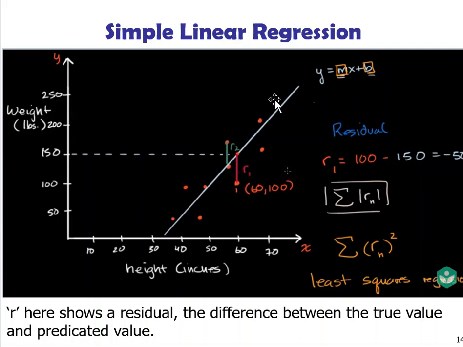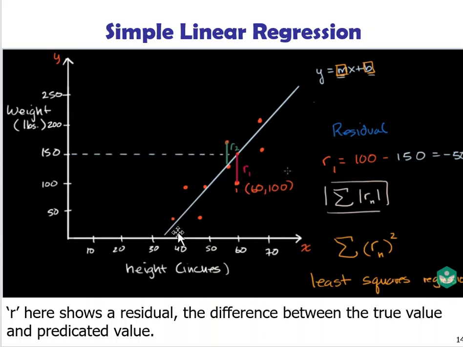With this line, we can start to see how we can predict. If we have another observation at 55, we can draw up a line here to meet our regression line, and we can predict the weight.